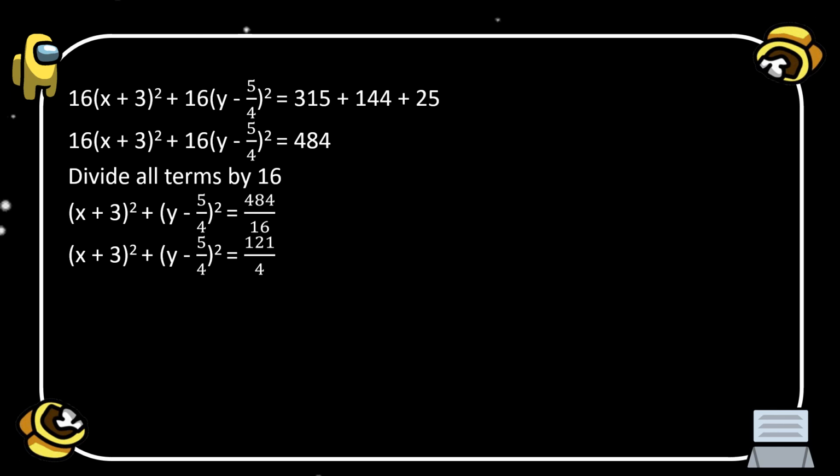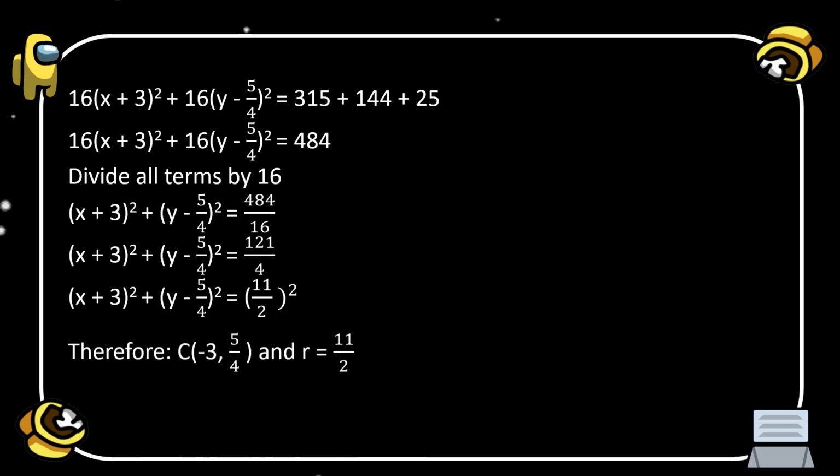Okay, so remember that when we are going to find the radius of the circle, we are going to extract the square root of 121 divided by 4. So the square root of 121 divided by 4 is 11 over 2. So the standard form of the equation of the circle is the quantity of x plus 3 squared plus the quantity of y minus 5 over 4 squared is equal to 11 over 2 squared.